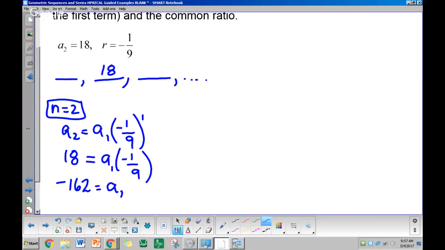So what goes here now? Negative 162. Magically, I knew that. Okay, so what happens here when I multiply? I want to just do the third one just for kicks. Negative 2.